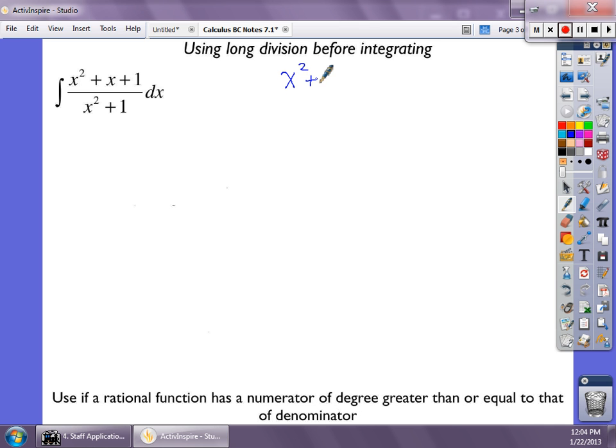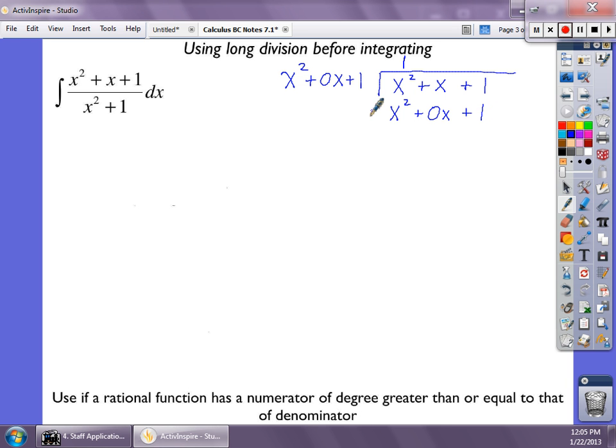X squared plus 0x plus 1 goes into x squared plus x plus 1. Ask yourself, how many times does x squared go into x squared? It goes into it one time. Multiply now, x squared plus 0x plus 1.